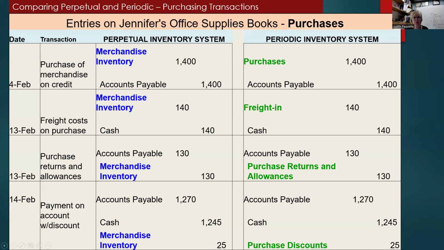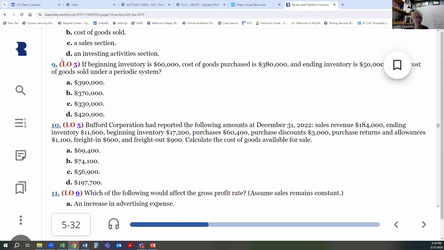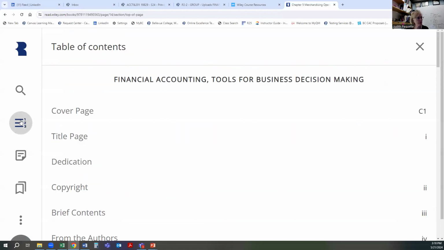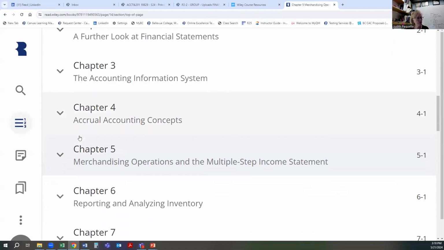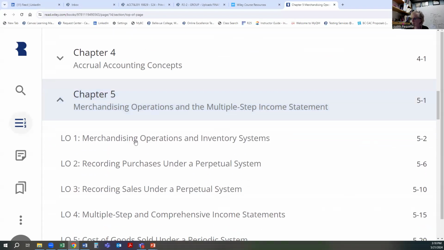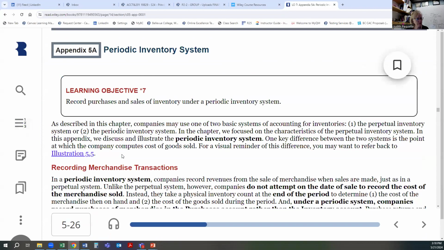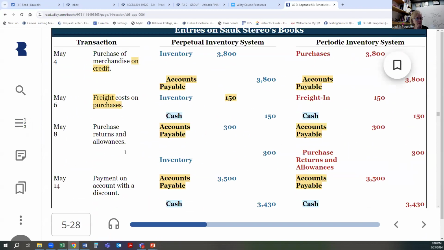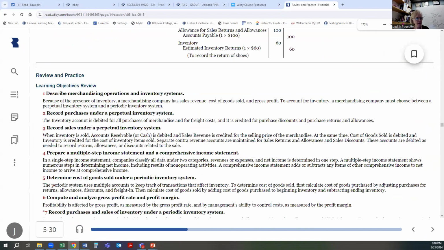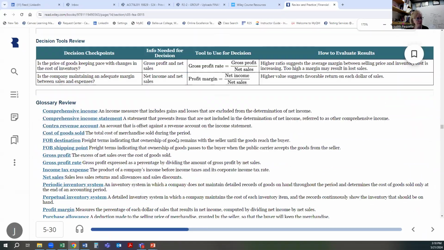a side-by-side comparison. And this is also in your textbook, and it's super helpful. And if you guys have access to a printer, I would strongly encourage you to look at this. So let's go to the textbook, chapter 5, and let's go to periodic. And you can see at the back, I've marked mine up, so apologies there.